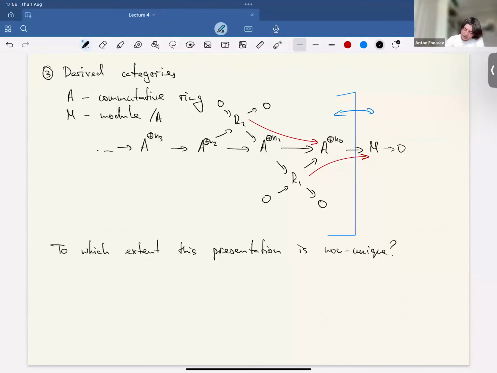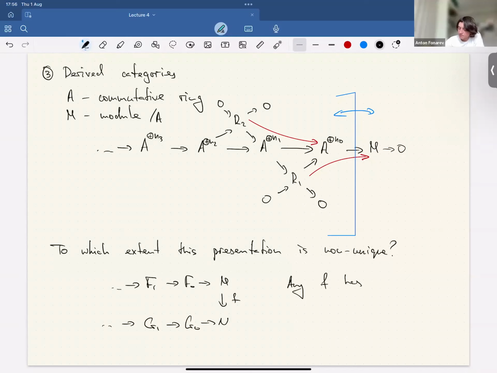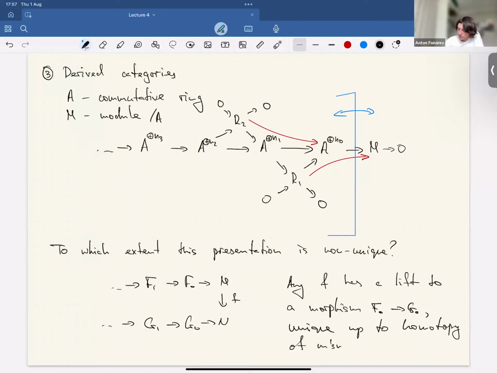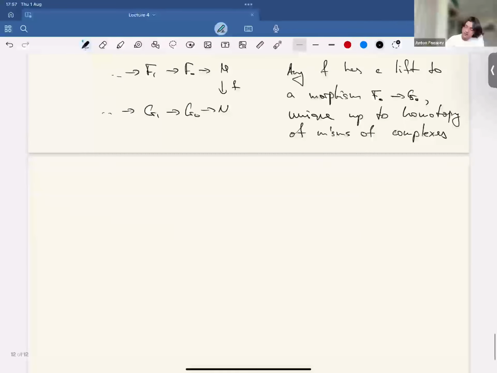So the main result is if you have a morphism and two resolutions, so say F0, F1, etc., G0, G1, etc., then any morphism has a lift to a morphism from F to G, and it is unique up to homotopy of morphisms of complexes. All right, has a unique lift.